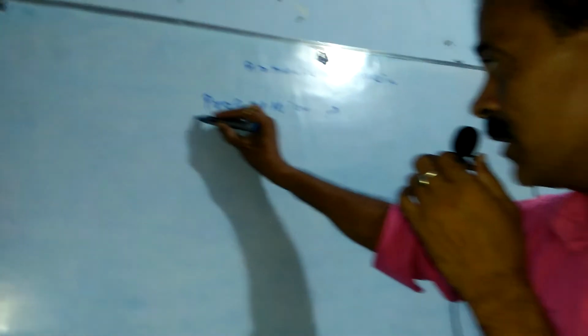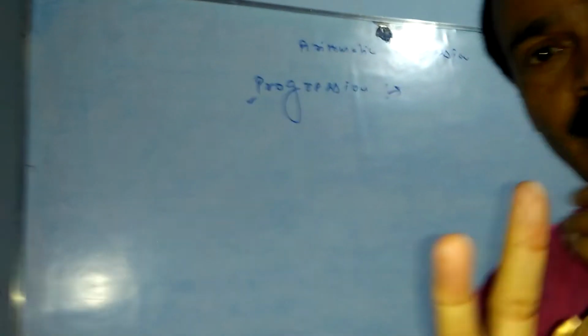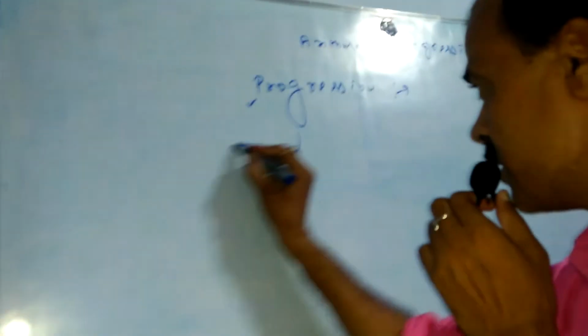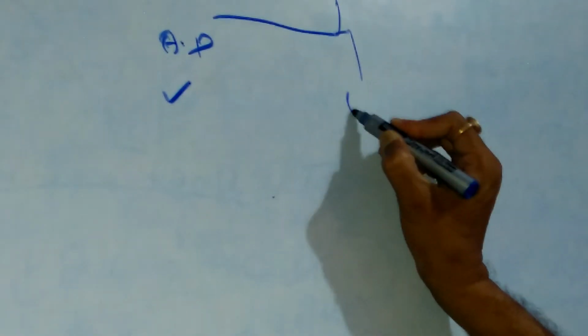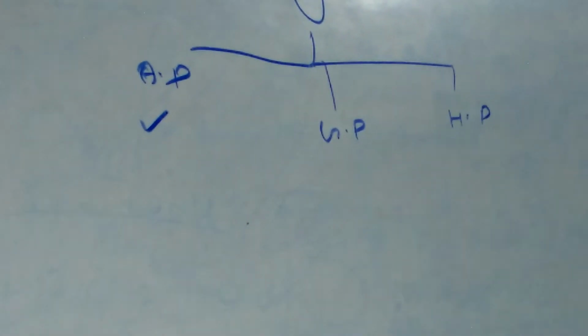Progression is divided into three parts. First, AP, which is called arithmetic progression. Second is GP, which is called geometric progression. Third is HP, which is called harmonic progression.